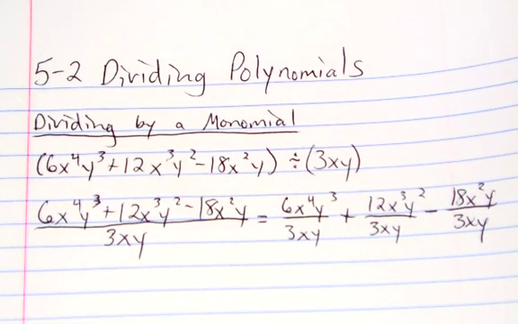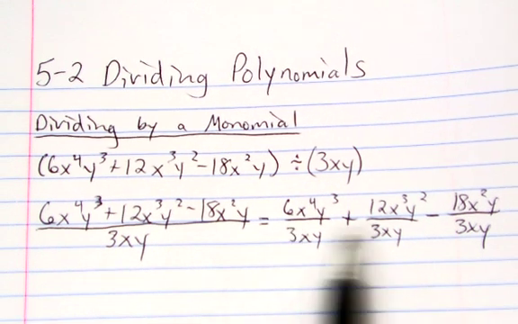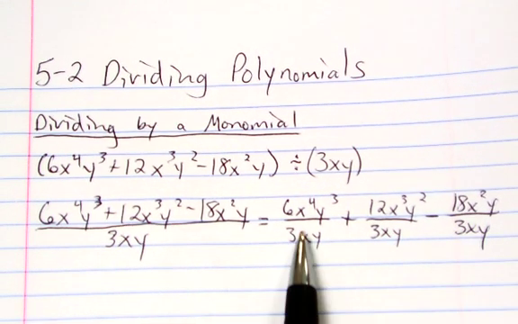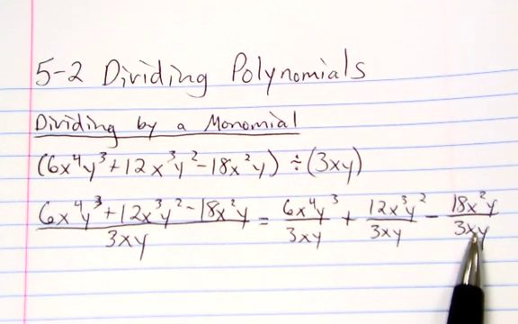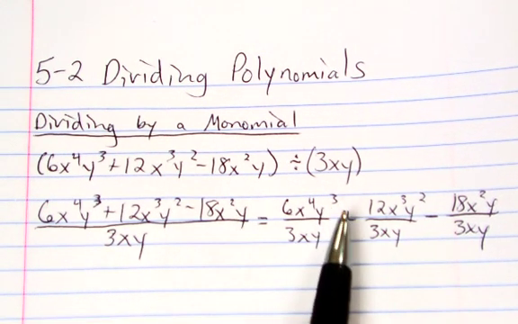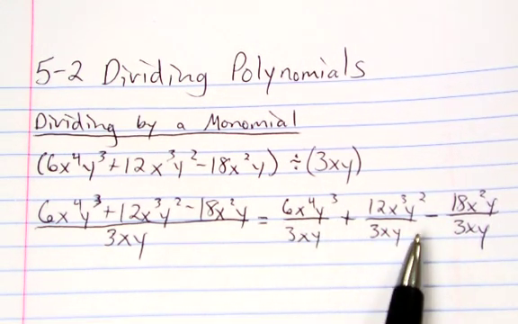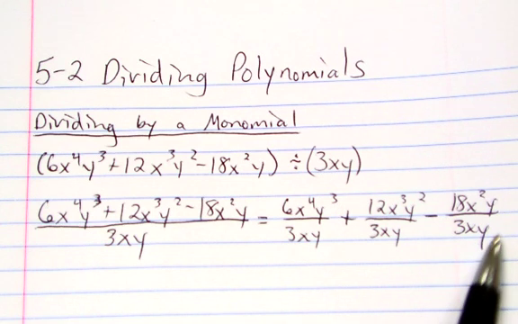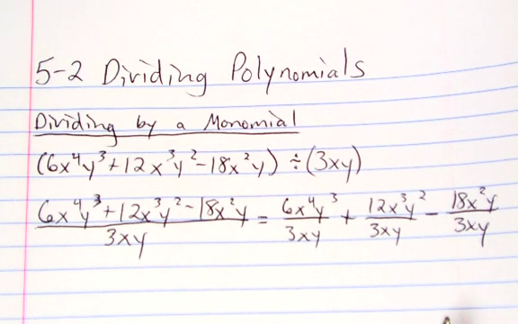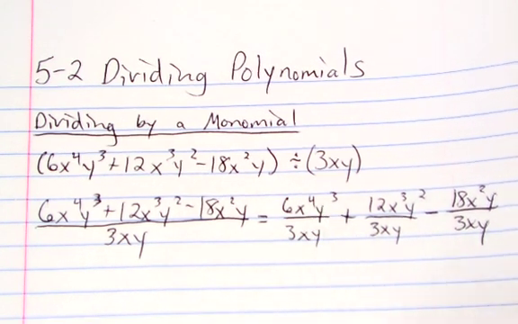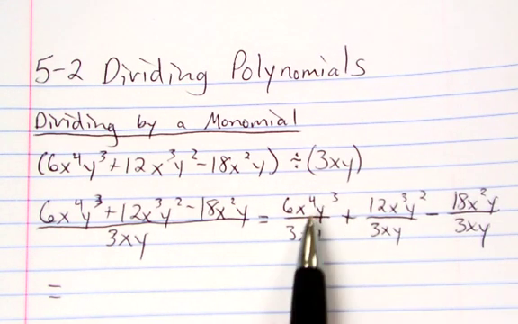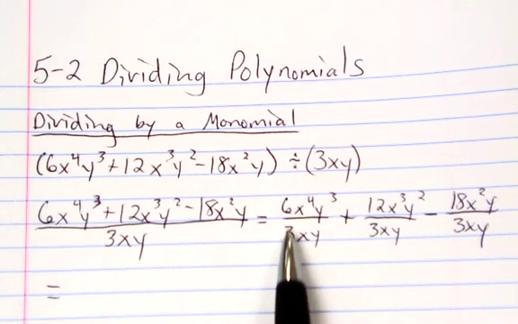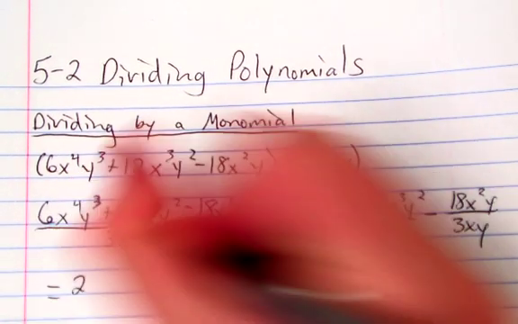When I do this, each of these fractions looks very similar to a type of problem that we did last section. And so what we're going to do is simplify each of these monomials, each of these single terms, using our properties of powers. So for the first term, 6 over 3 simplifies to 2.